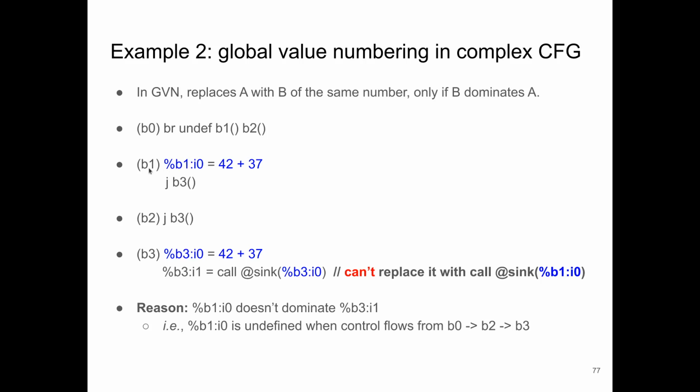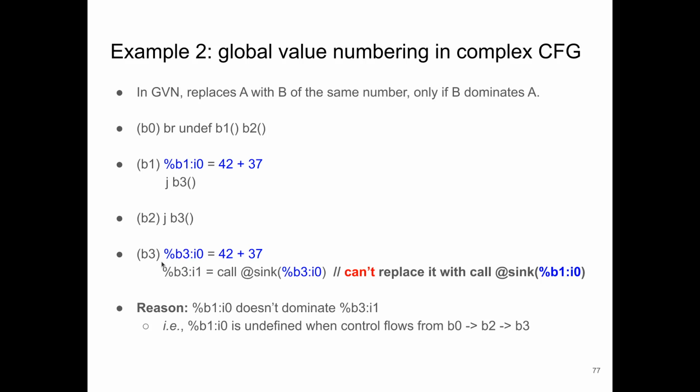In block 1, we are going to calculate a summation, 42 plus 37, and assign it to a register here. And we're going to go to the last block, which is called B3. On the other hand, in B2, we do nothing and immediately jump to B3.